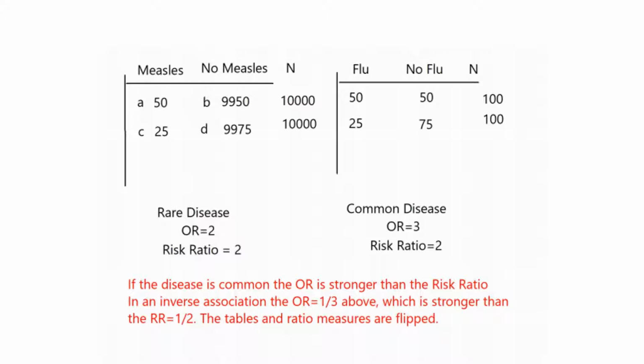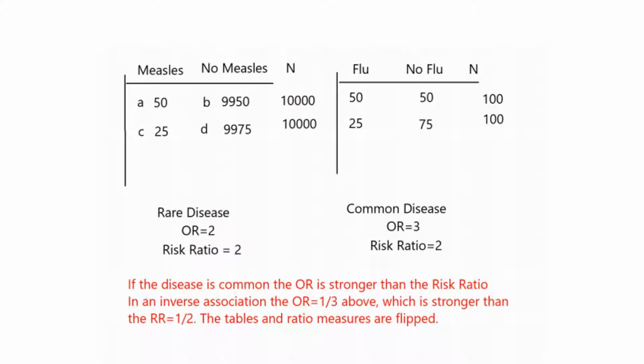So let's say instead of comparing the unvaccinated schools to the vaccinated schools, where the risk or the odds ratio is 2 to 1, so they're double the risk, you look at the schools where most of the kids have been vaccinated, well, they have half the risk. And then if you compare on the right side with the flu, they have a third the odds, or with a risk ratio, half the risk.